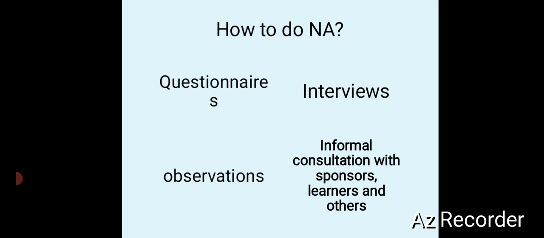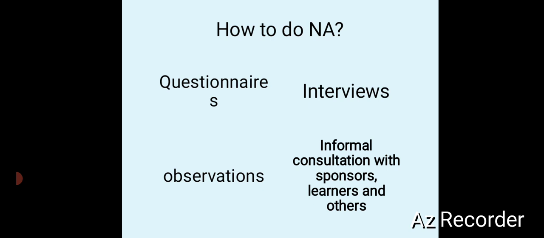Now, how to do needs analysis? So in order for us to discover students' necessities, lacks, and wants, we need to do needs analysis. We can do needs analysis by doing a survey, like distributing questionnaires.